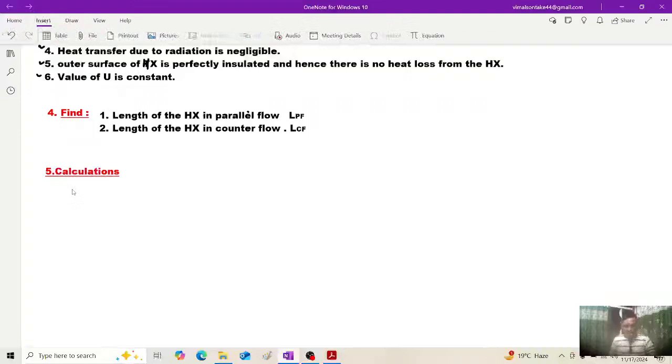So in order to find out the length of the heat exchanger in different directions of flow, the calculation will proceed in this manner. Let us first recall the expressions for heat transfer rate from the heat exchanger.